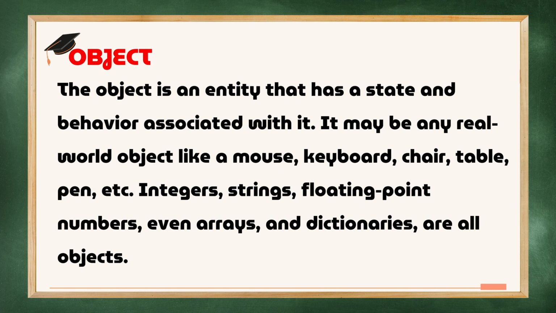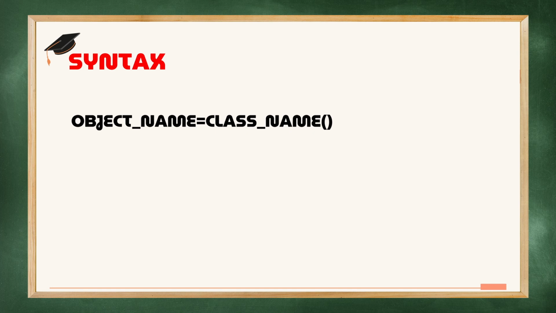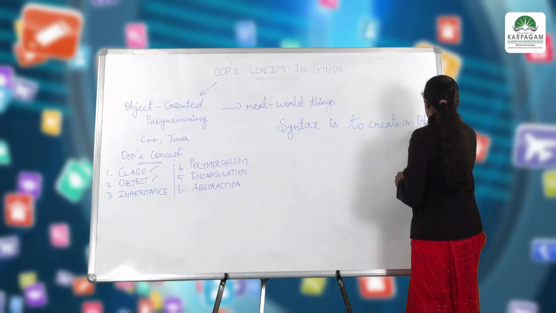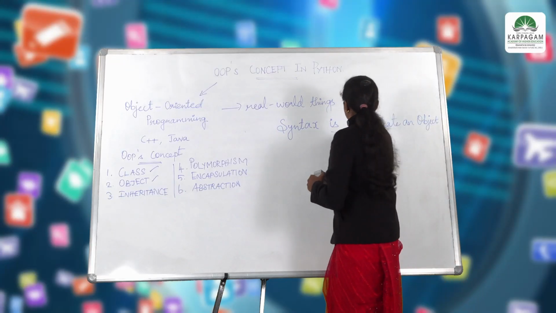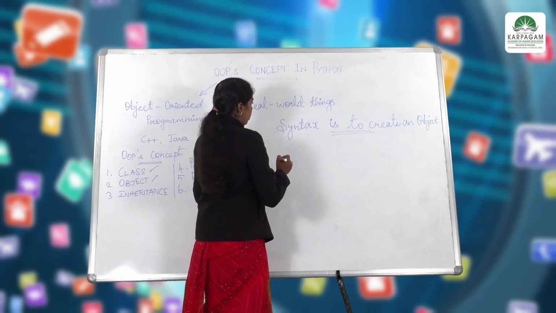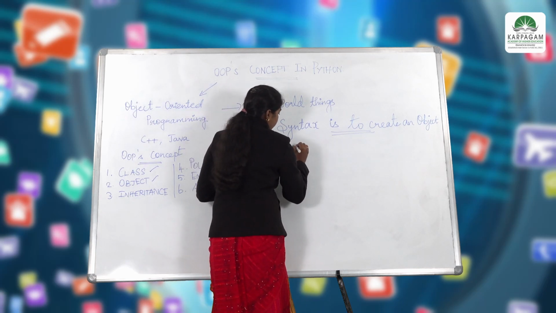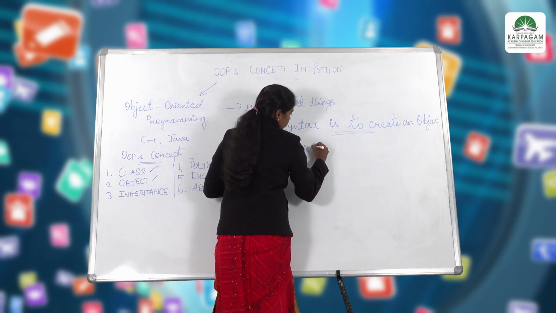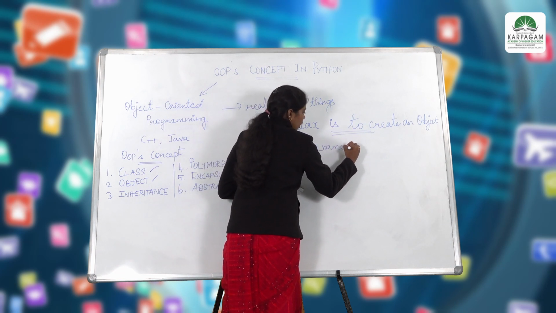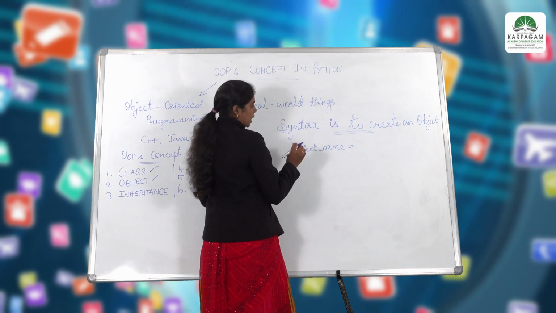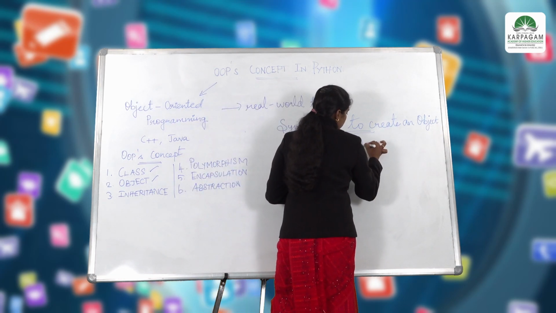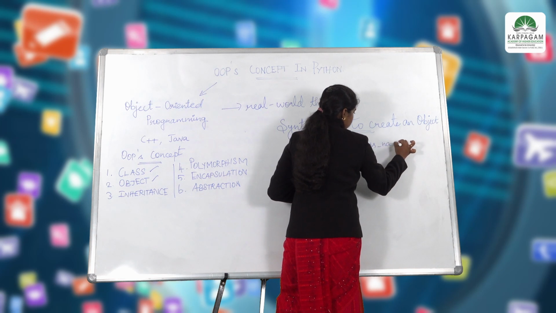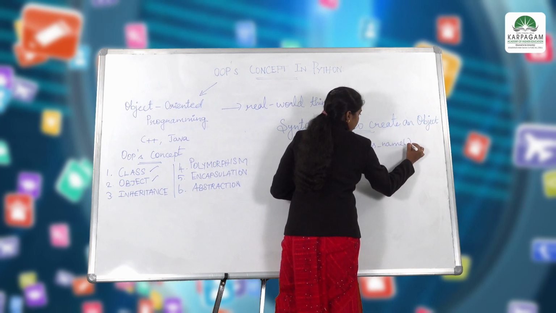So for each and every entity, the syntax to create an object is: first, we should give an object name, equal to, we should give the class name and the parenthesis.